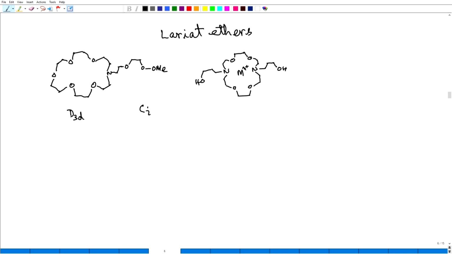So, these are Lariat ethers, I have drawn a couple here, and these Lariat ethers can be used to protect and for some other supramolecular catalysis, there are many things there. As we go along we will understand.